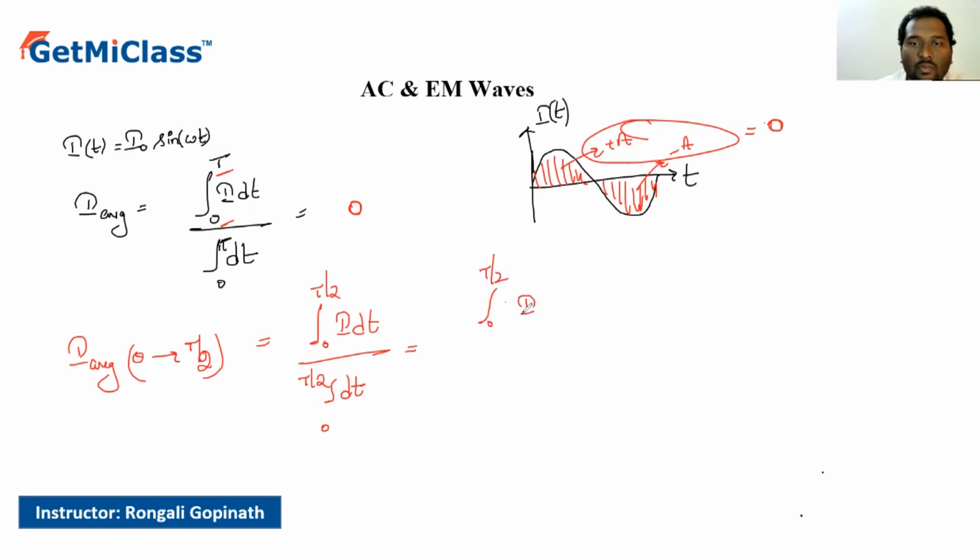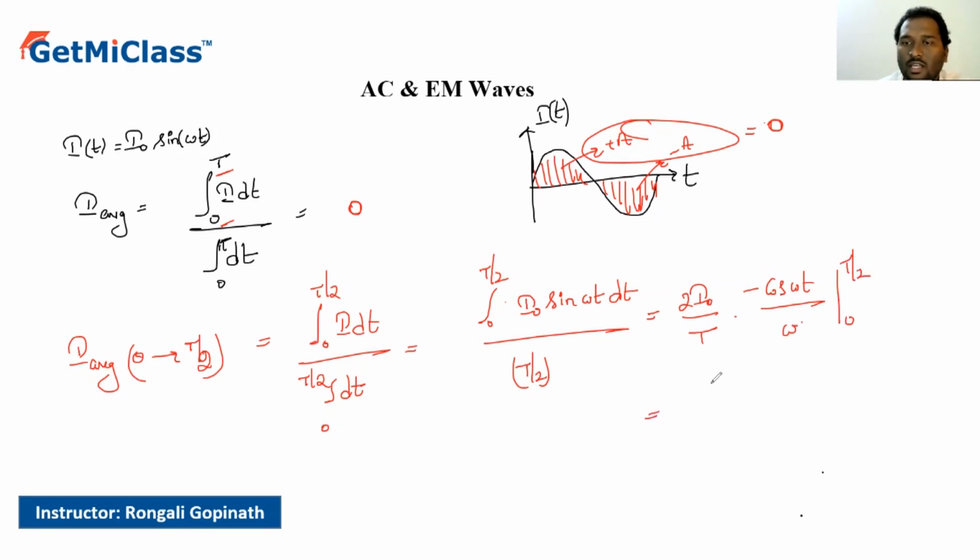I is nothing but I naught sin of omega t dt, but the denominator becomes T by 2. It is 2 I naught by T into the integration of sin, which is minus cos omega t by omega. Limits of integration are from 0 to T by 2.